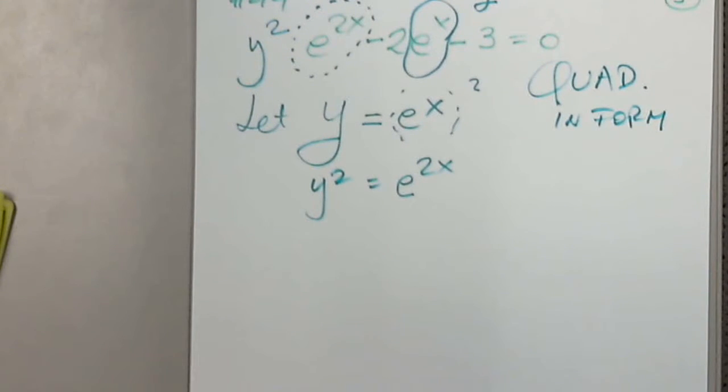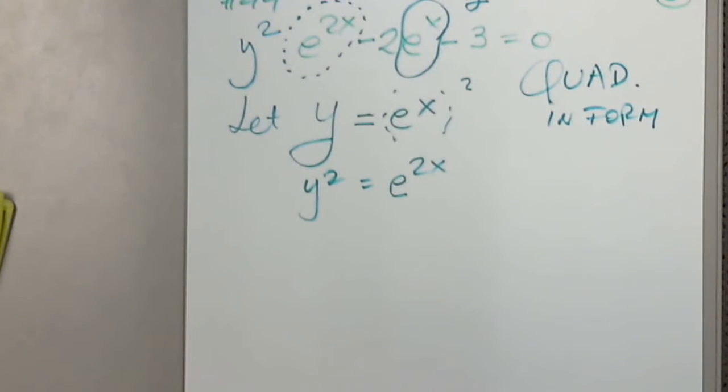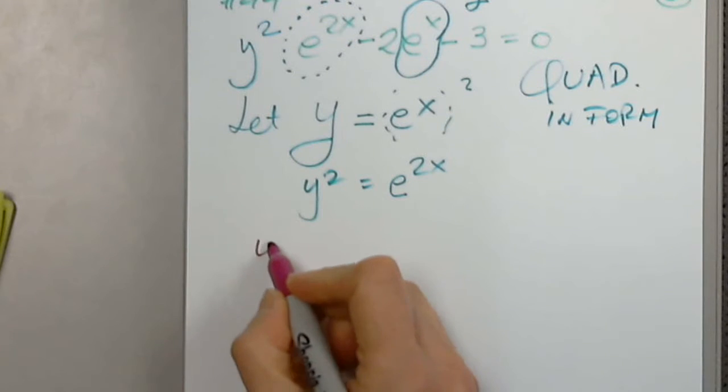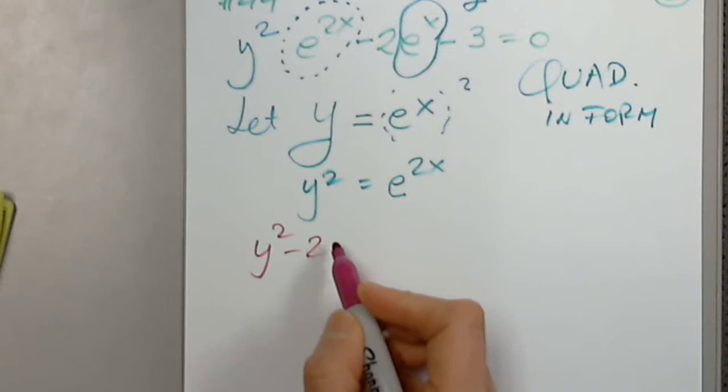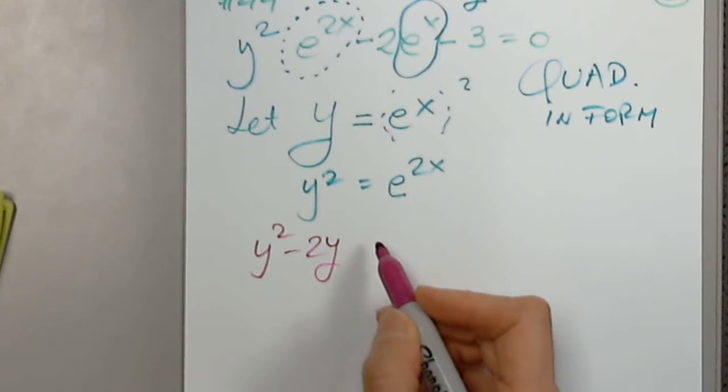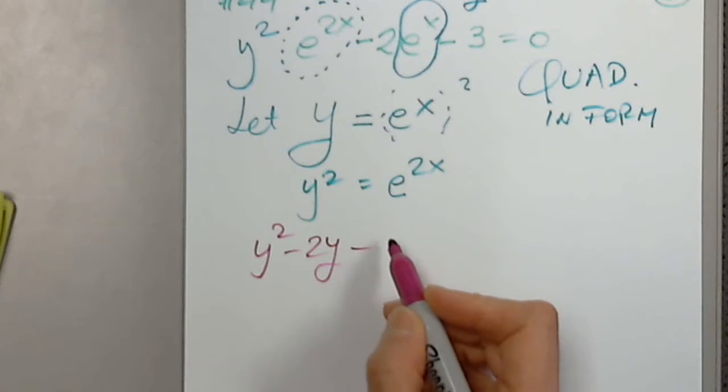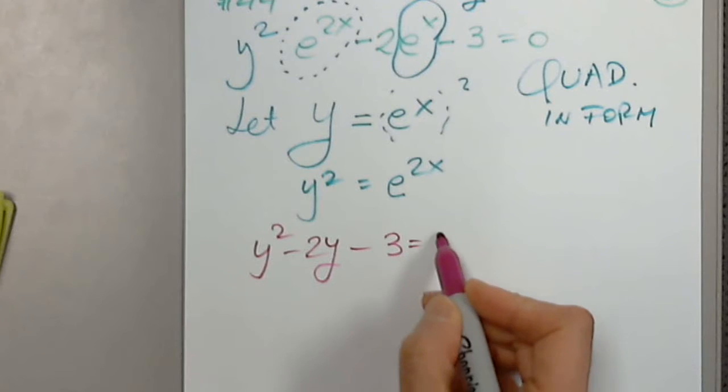So then, can anyone dictate the new equation that we just created together? Y squared minus 2y minus 3 equals 0. Awesome.